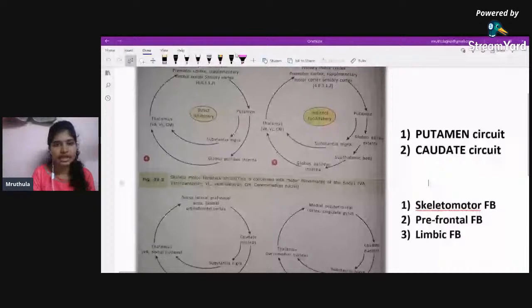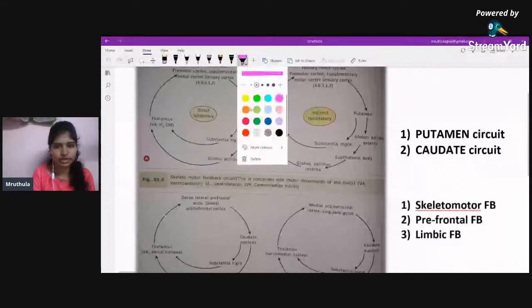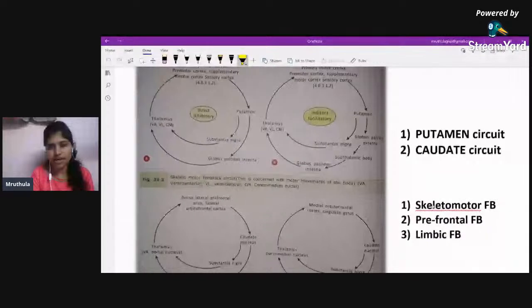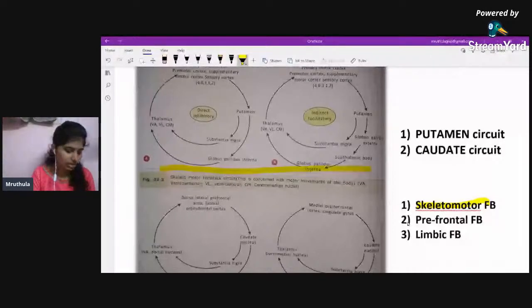One is called the skeletomotor feedback circuit. Now in the picture, where do you have it? The ones in the upper part, here. Both of these are skeletomotor feedbacks. Then prefrontal feedback. Okay, Shiva, we'll share this chart in the webinar group.